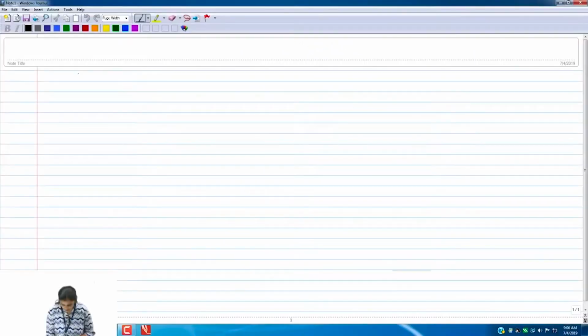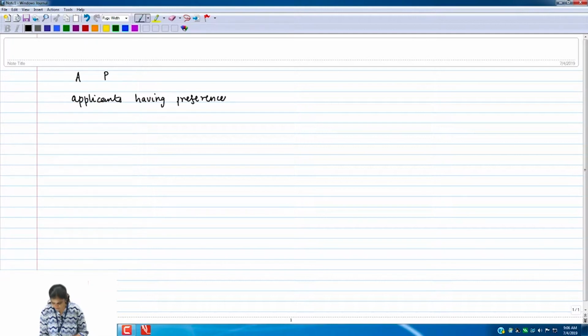Okay, so I'll recall the setup. We have applicants and posts, and we have applicants having preferences, and posts not having preferences. So we call this the one-sided model, and we allow strict but incomplete lists.